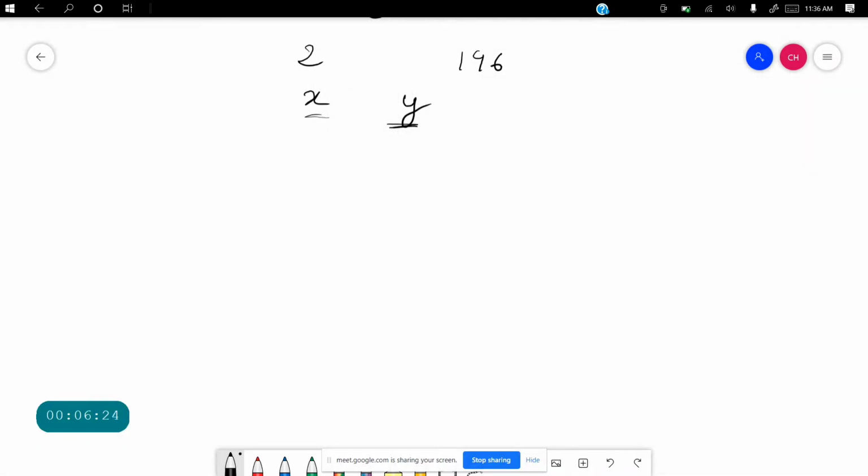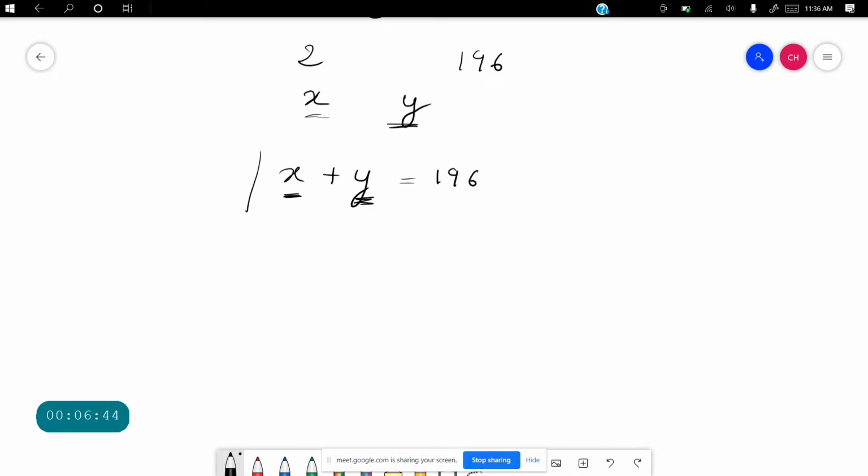By this, you can understand that the addition of these two variables, x plus y, the score of the first batsman and the score of the second batsman, will give you the total score, that is 196 runs.